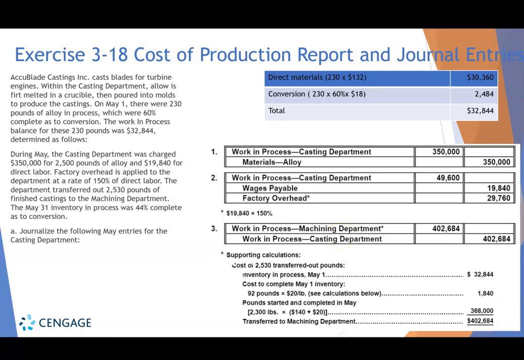Then we need to take and transfer this to the machining department from the casting department. And we can basically show the $402,684 that we are transferring based on what we began the period with, up here the $32,844, plus the amount it cost us to complete that May 1st inventory, the 92 pounds at $20, and then what we started with during the period, the 2,300 pounds, times our $140 and our $20.